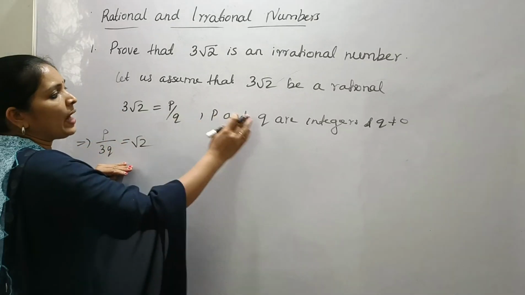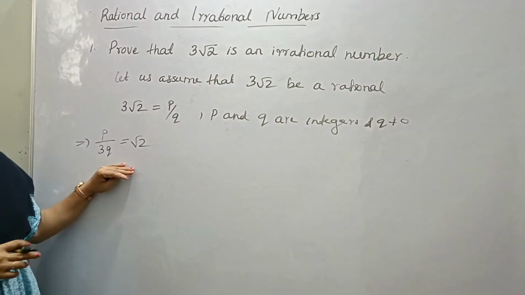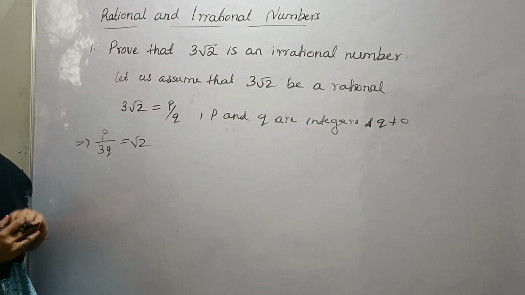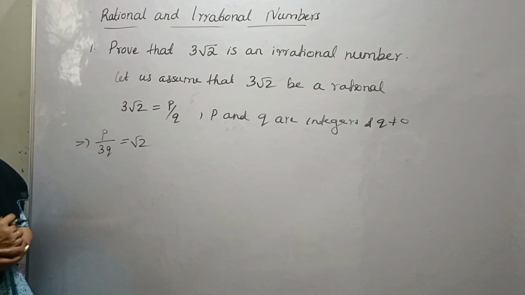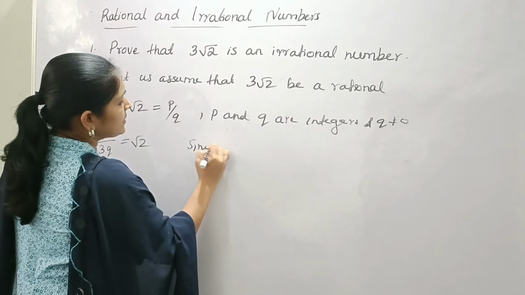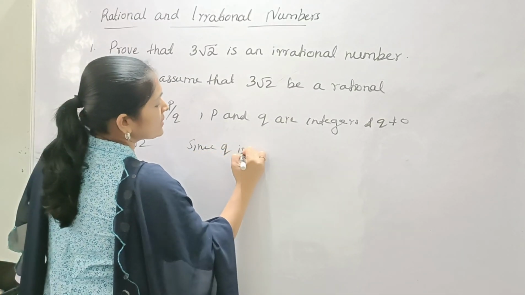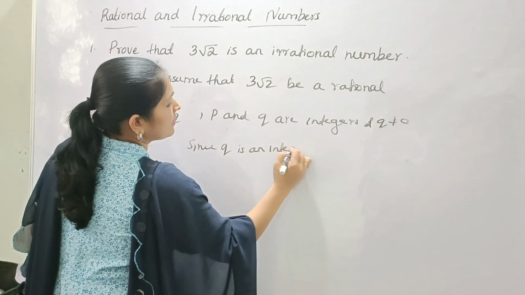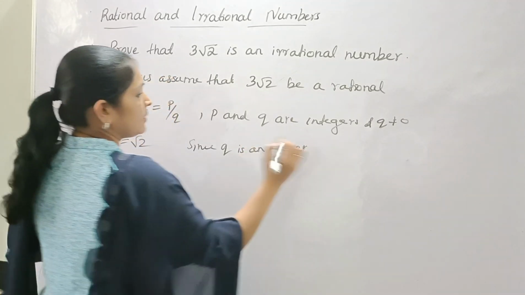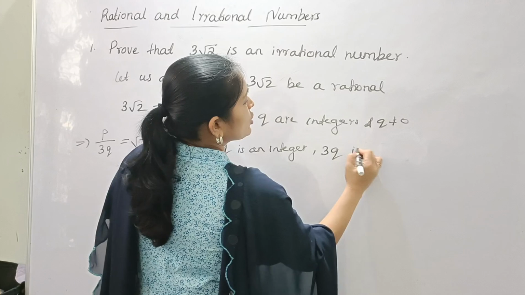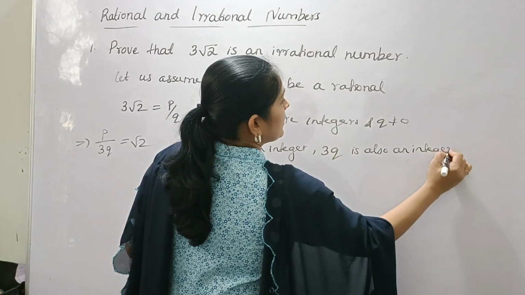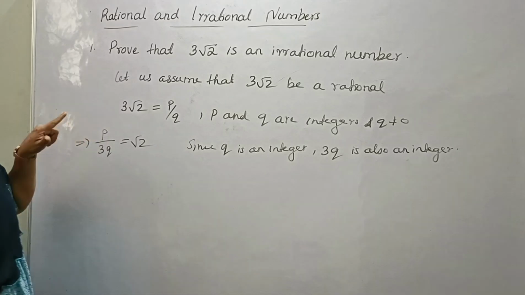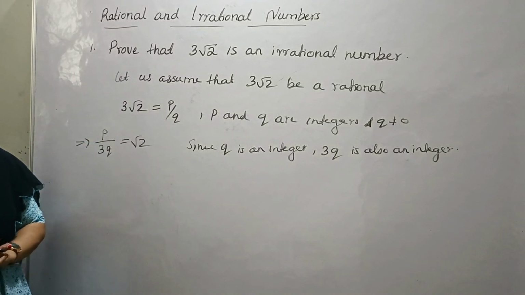Here we know that p and q are integers. Since q is an integer, 3q is also an integer. Therefore p and 3q are integers.